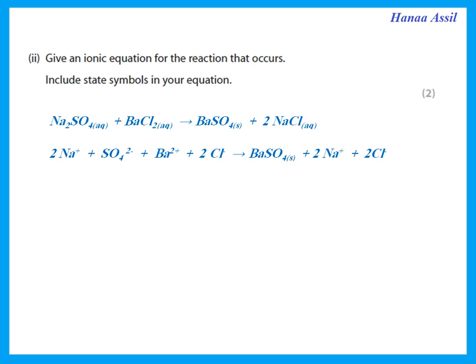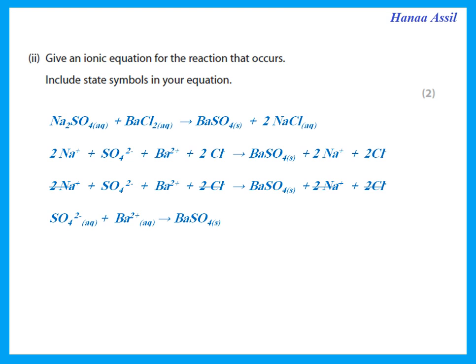It's not Na2 plus because, of course, Na is in group 1, so it will lose only one electron. So I have only one positive charge on the sodium, but I have two of them. And then we cancel whatever is the same on both sides of the arrow, and we end up with the net ionic equation for formation of barium sulfate, which of course will include reaction of barium ions with sulfate ions.